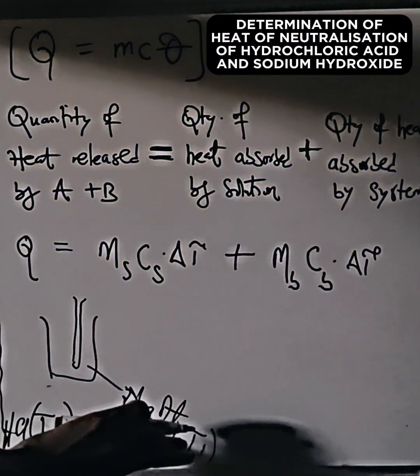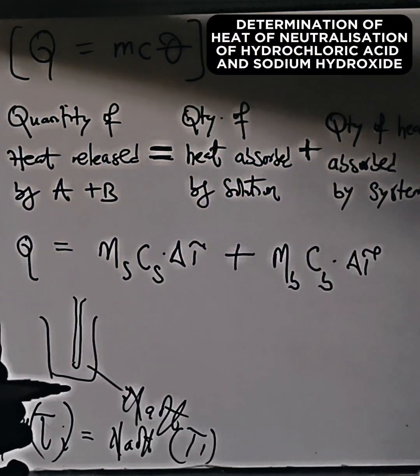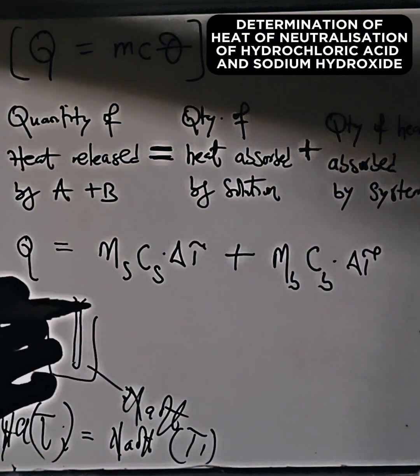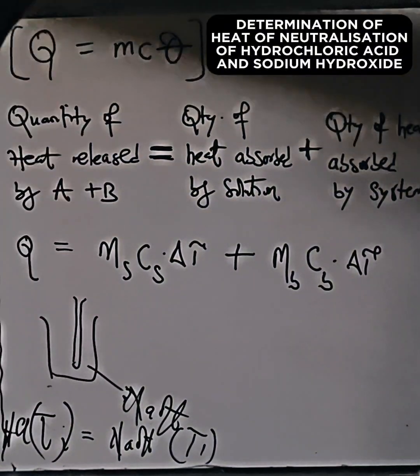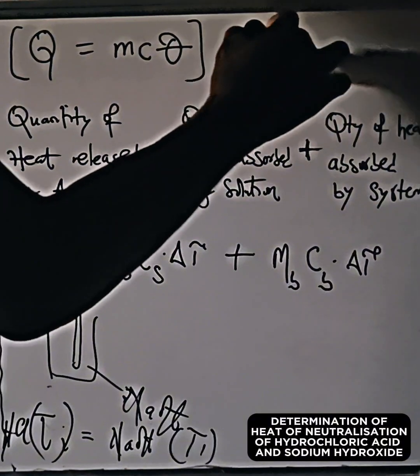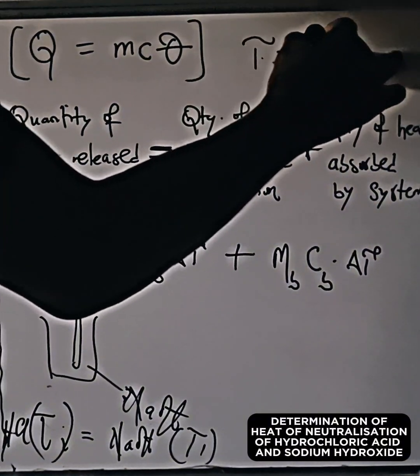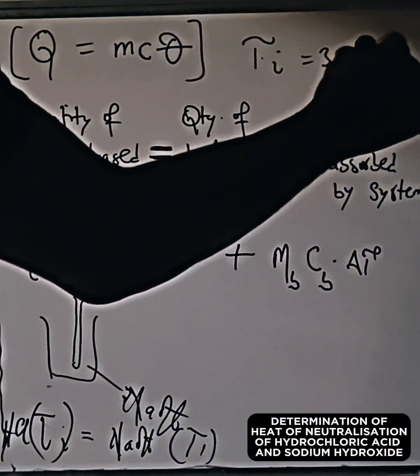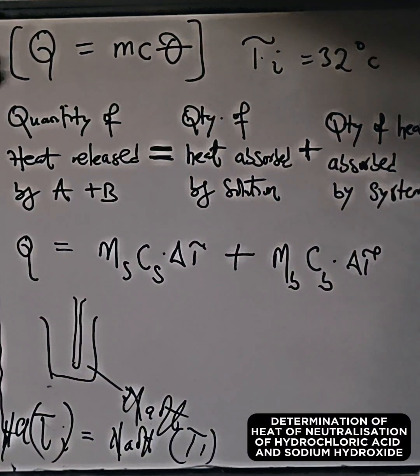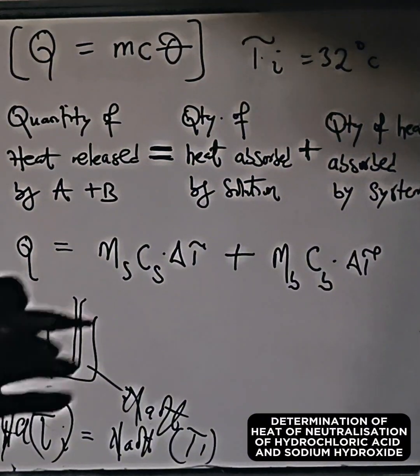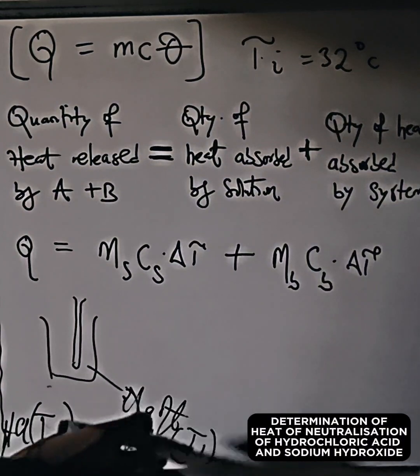So now these temperatures are going to serve as Ti. Let's say, for example, Ti is 32 degrees Celsius. Now this Ti is the initial temperature of the individual chemical species separately.